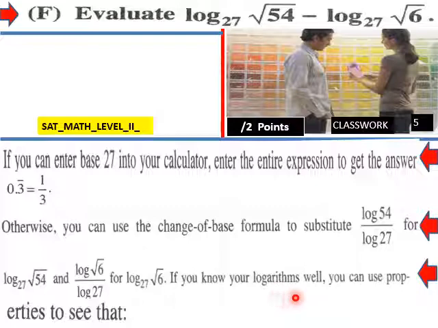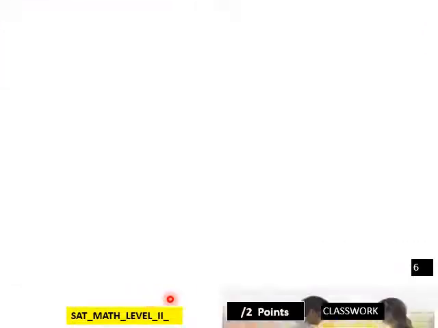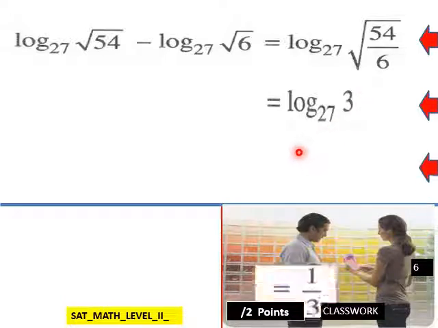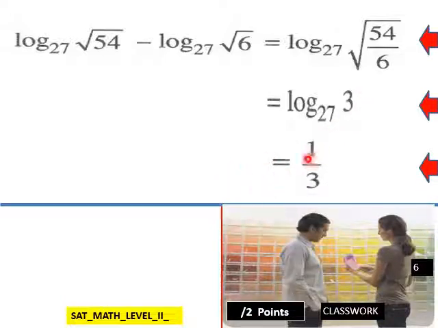If you know your logarithms well, you can use properties to see log base 27 square root of 54 minus log base 27 square root of 6 will equal log base 27 of the square root of 54 over 6, which will equal log base 27 of 3 in this situation, which will equal 1/3.